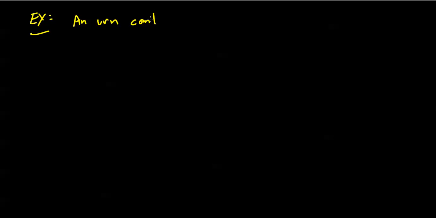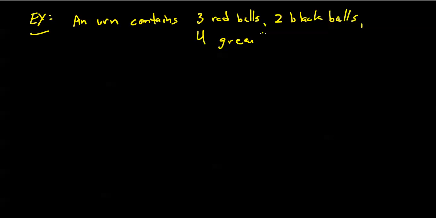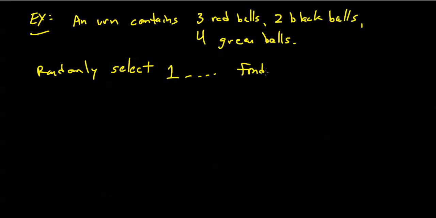An urn contains, let's say, 3 red balls, 2 black balls, and 4 green balls. Again, I'm going to randomly select 1. And I'm going to ask 2 questions. Find the probability that it's green, and also find the probability that it's not green.